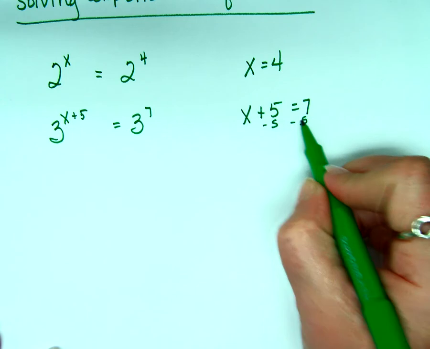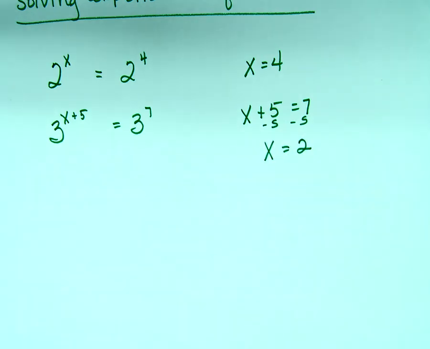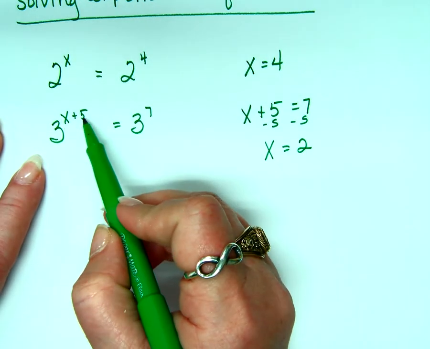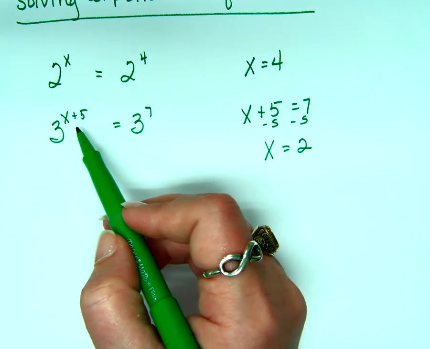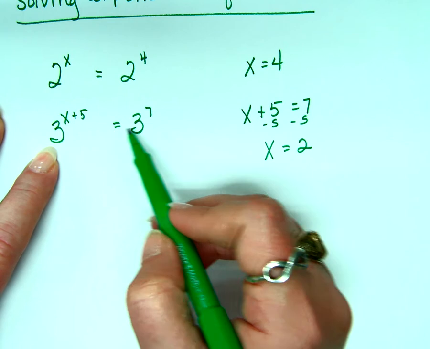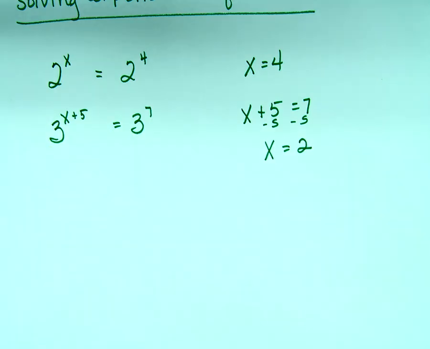So subtracting 5 from both sides gives me x equals 2. Is it correct? Go back to the original equation and substitute in your answer. 2 plus 5. 7, that took a little bit too long, but that's okay. It's still Monday morning a little bit, right? So 3 to the 7th equals 3 to the 7th. Is that true?